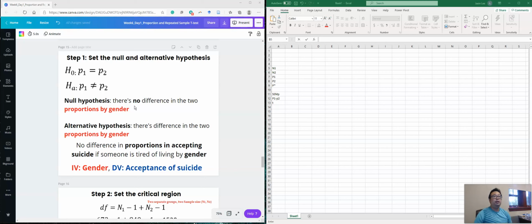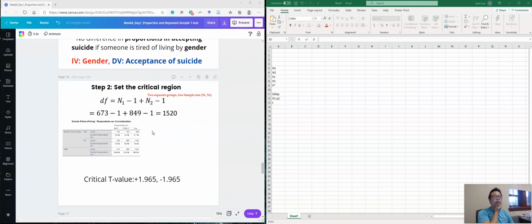And then the alternative hypothesis means that there is a difference between the proportions by gender. If there are no proportion differences, it means that we don't find any differences by gender, so gender is not a statistically significant independent variable. That's what we mean here.